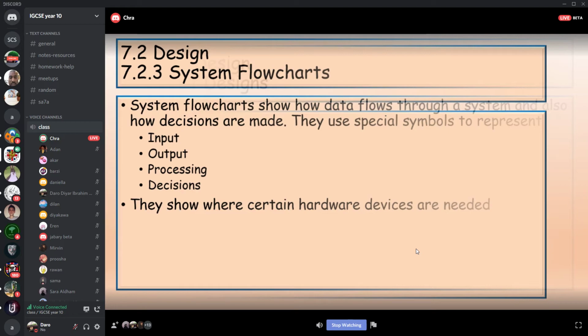List the stages of SDLC. Here are the stages of SDLC. Review questions. What's the first stage?